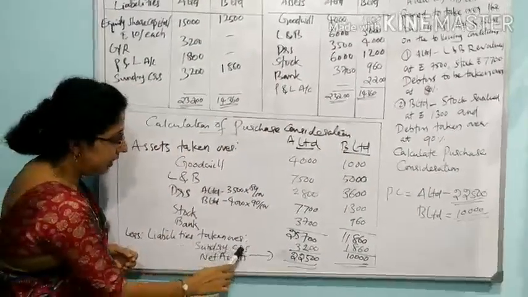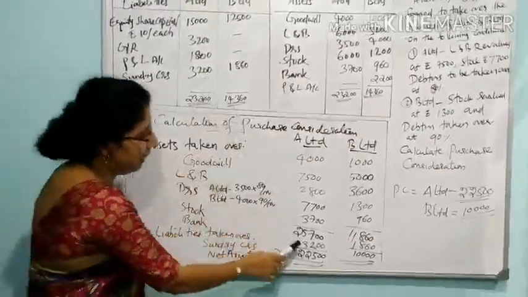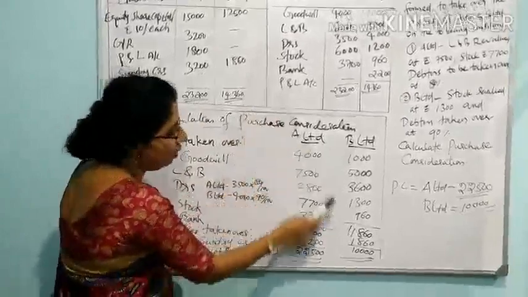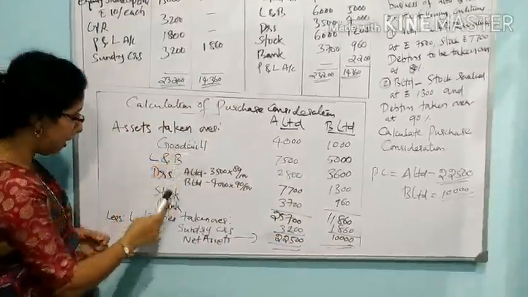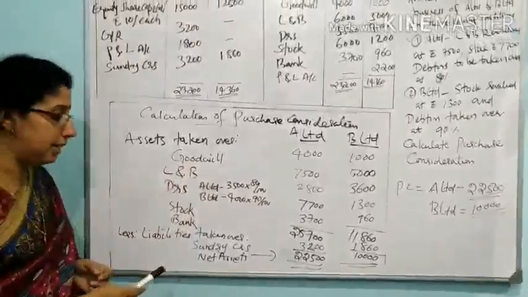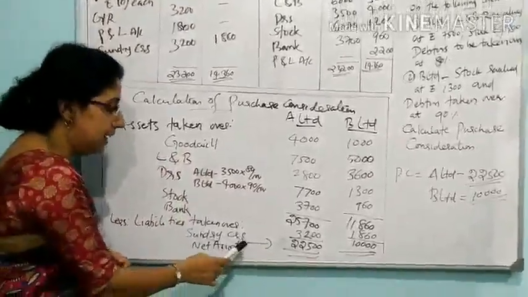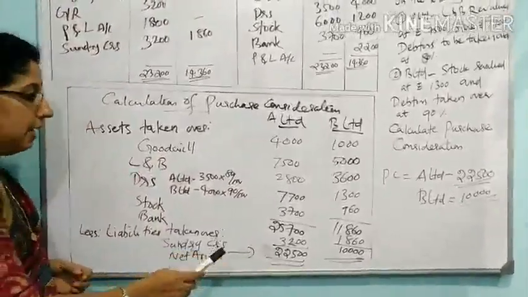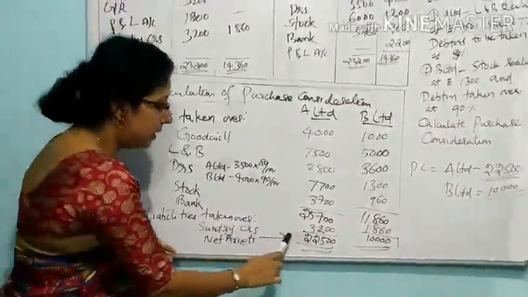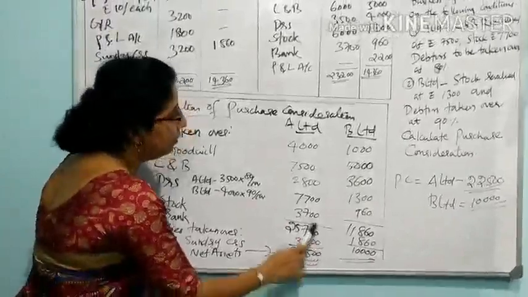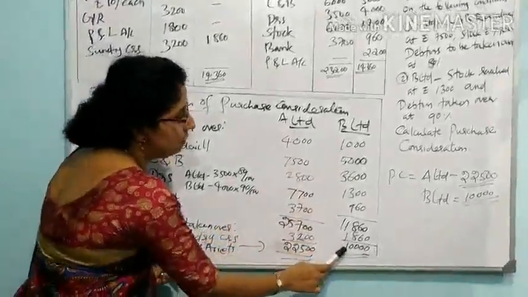Then the difference between assets taken over and liabilities taken over is net assets. Net asset is PC. In the net asset method, PC equals net asset. So our net asset is 22,500 for A Limited and 10,000 for B Limited.